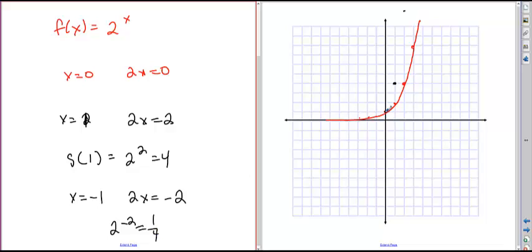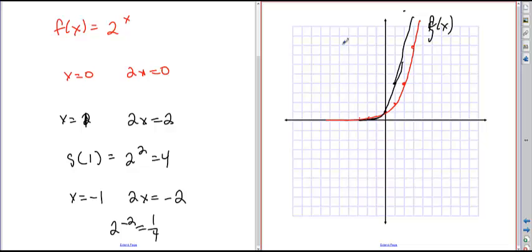So here, when we went left 1, we went down to a half, but now we're going to go down to a quarter. And then this one, instead of going down to a quarter, we'll go down to an eighth. And so this follows the x-axis longer before it turns up, but then when it turns up, it goes crazy.